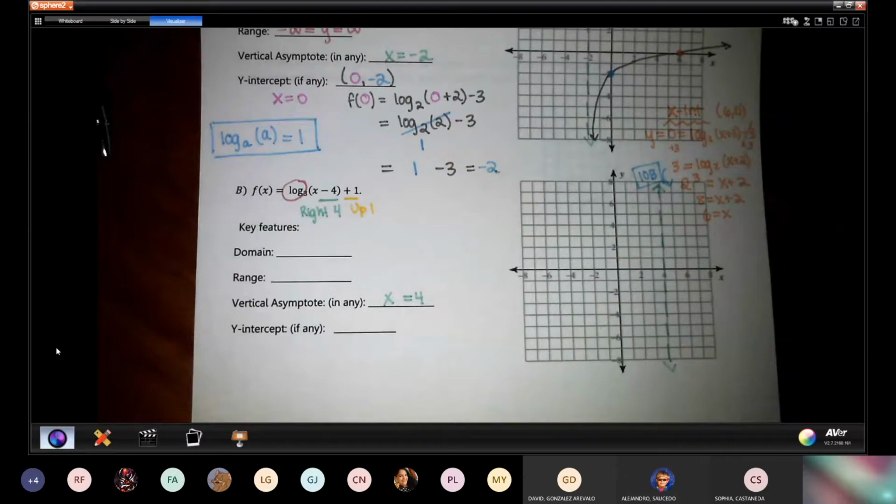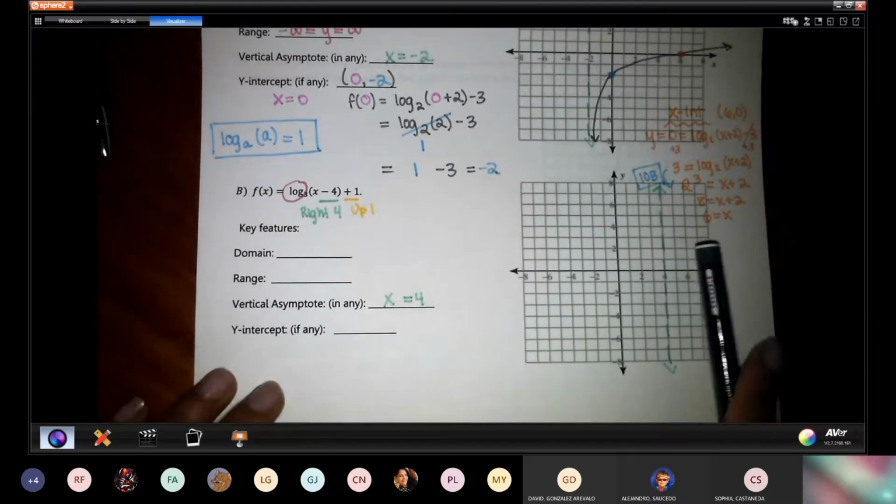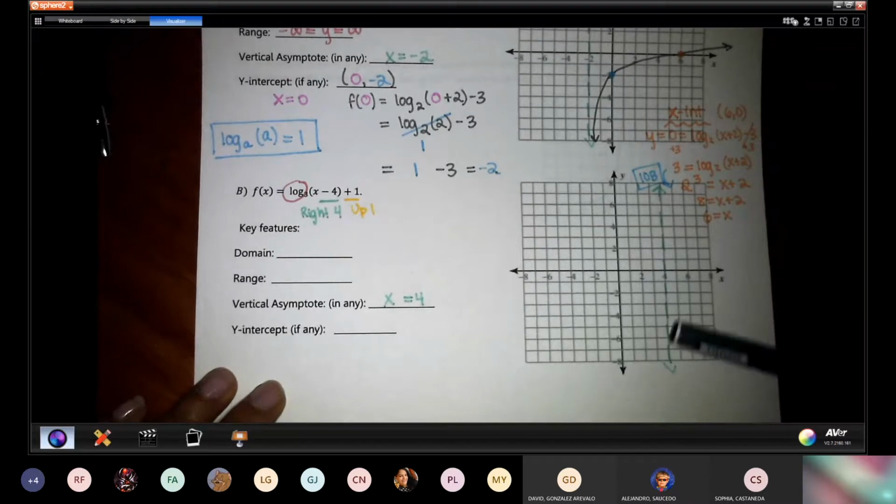From here we know we can find our intercepts again, but we're not going to for this one, because the curve is going to be over here.